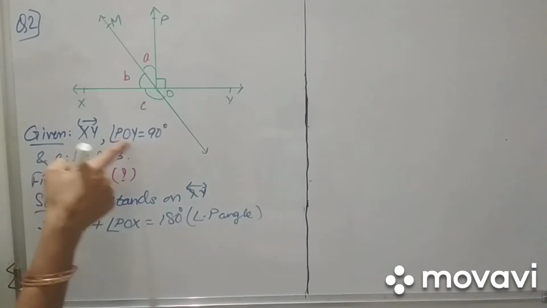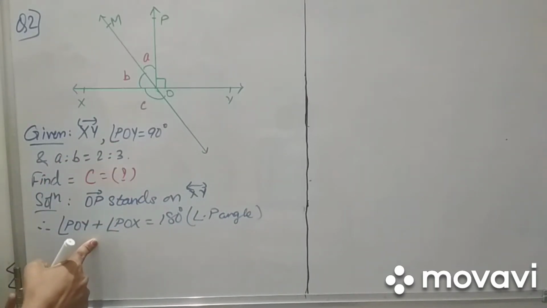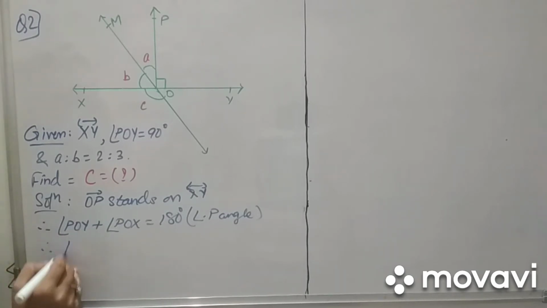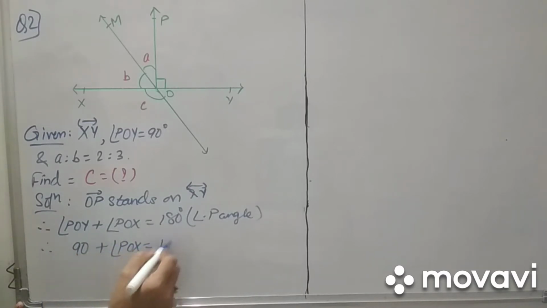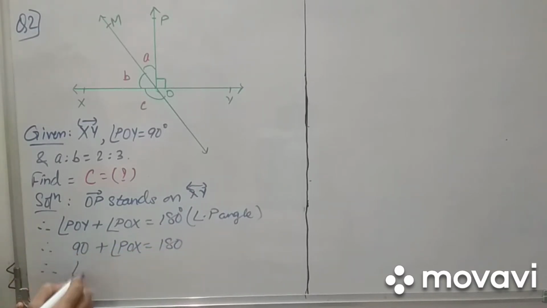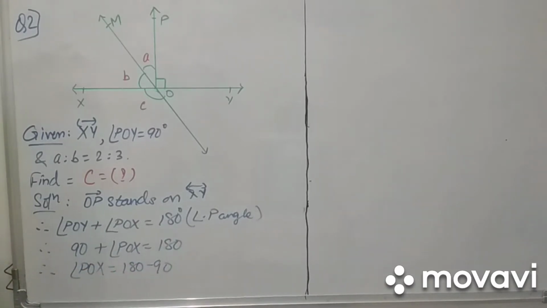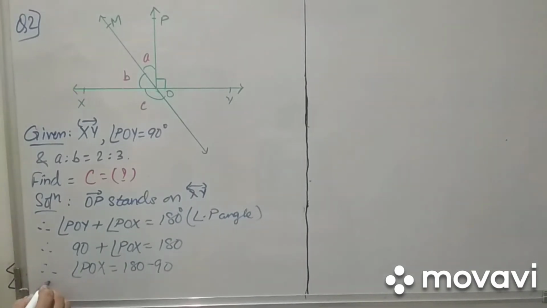Now, as it is given, POY is 90 degree, plus angle POX is equal to 180. Therefore, angle POX is equal to 180 minus 90. What will you get?